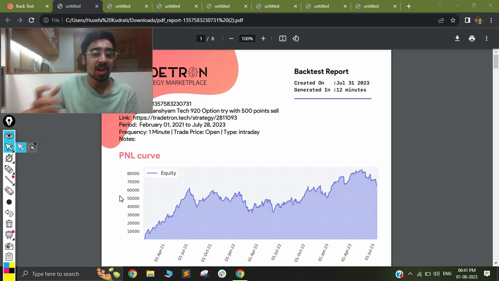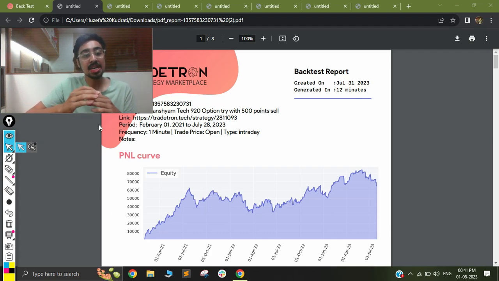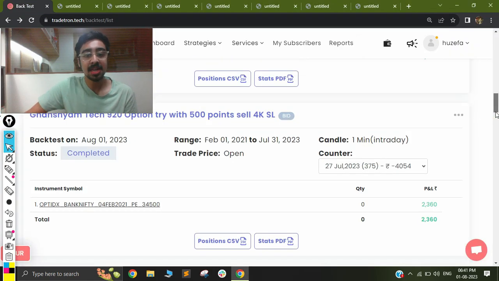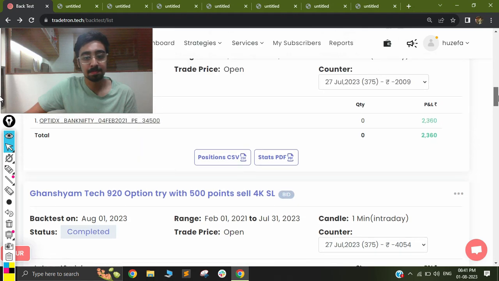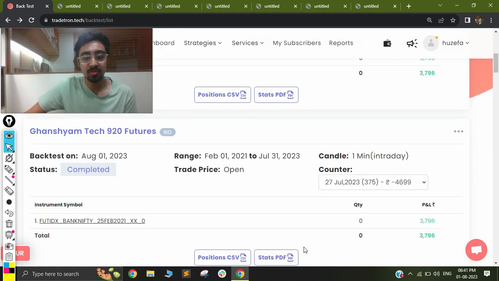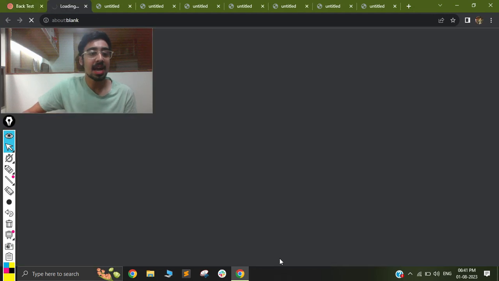So let me see what happens if instead of keeping on going in the money and dealing with liquidity issues, let me see what happens if I go into a futures altogether. So now I have backtested this with a futures instrument. So here is my futures trade, and let's see how the PDF looks for a futures.